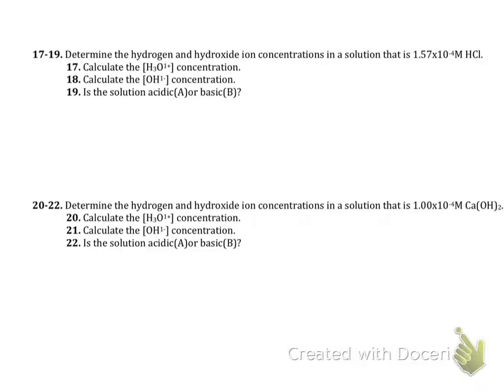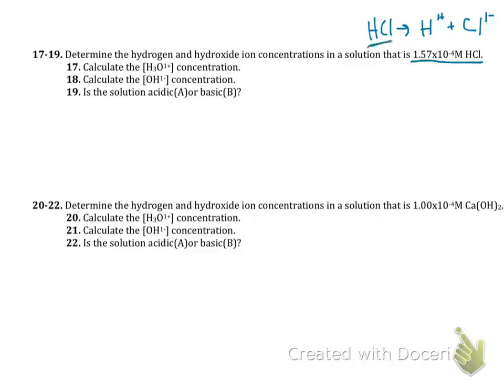Let's go ahead and talk about problems number 17, 18, and 19 here. Number 17 is asking us to calculate the hydronium ion concentration. Well, if you take a look here, this is giving us the concentration of HCl, and we know that when this goes into solution, it's going to dissociate into hydrogen ion plus chloride ion.